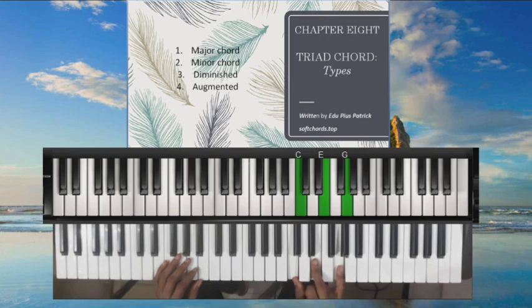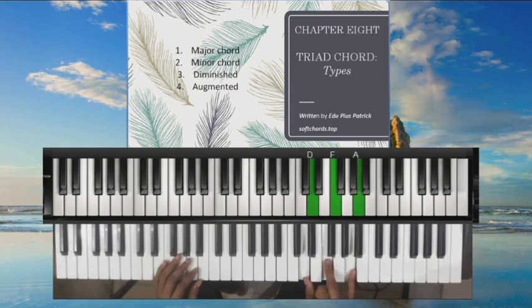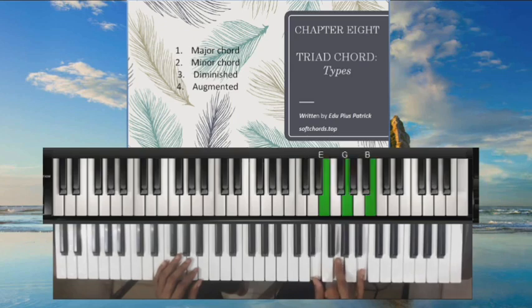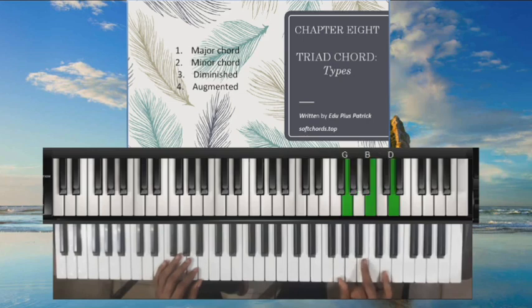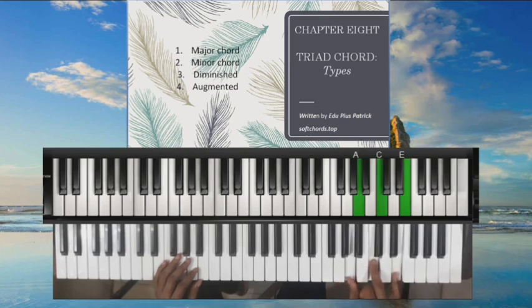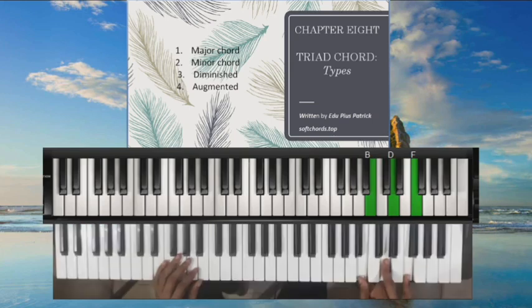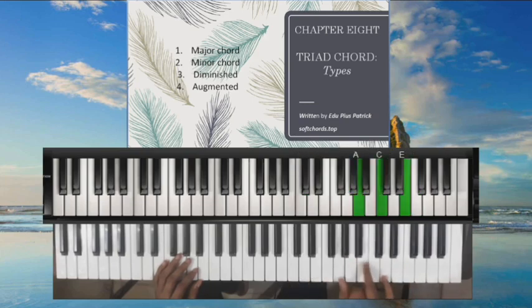One is D, the other is F. When you play D, you skip E and you skip G. When you play E, you skip F, you skip A. When you play F, you skip G, you skip B. When you play G, you skip A, you skip C. When you play A, you skip B and you skip D. When you play B, finally you skip C and you skip E. Do you understand that? That's how to form a triad in the C major scale.